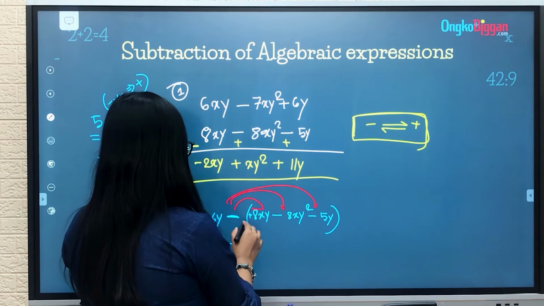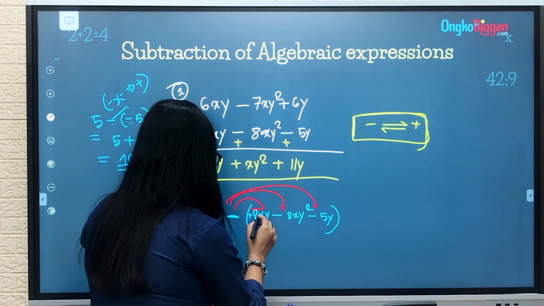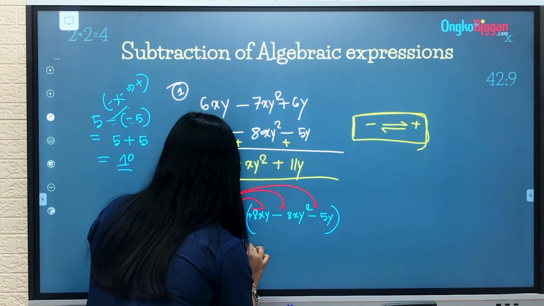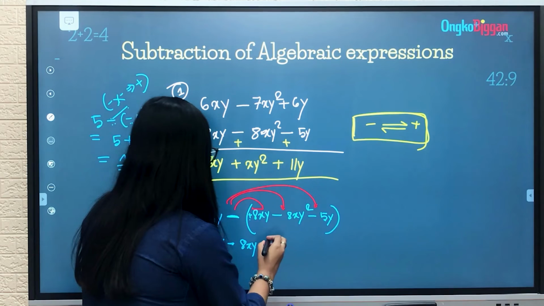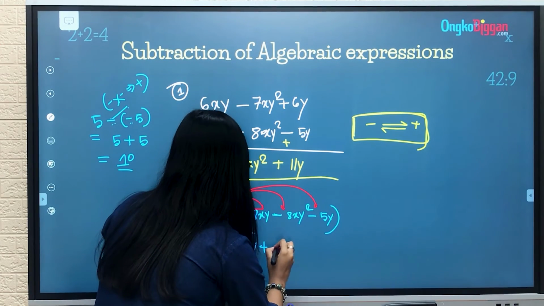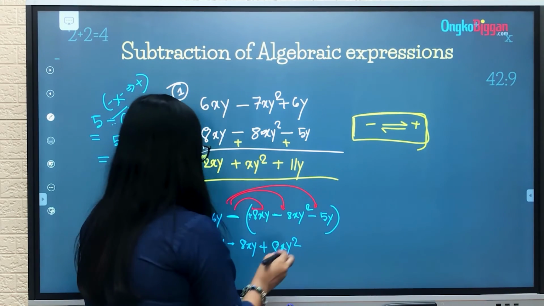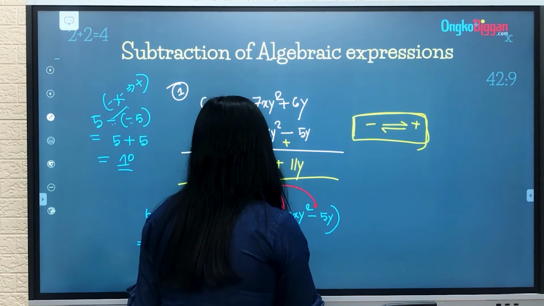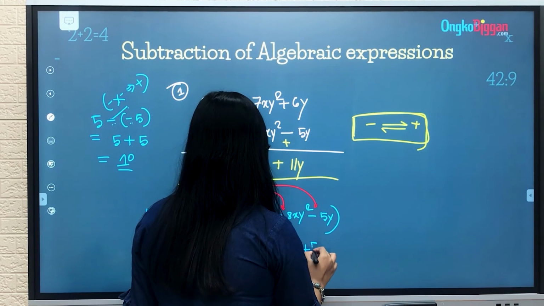inside. So if we multiply minus with plus 8xy, we are getting minus 8xy, because minus and plus gives us minus. Then minus into minus, we are getting plus 8xy squared. Then next we are getting minus into minus, plus 5y.